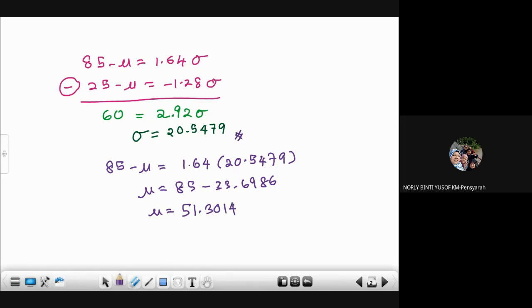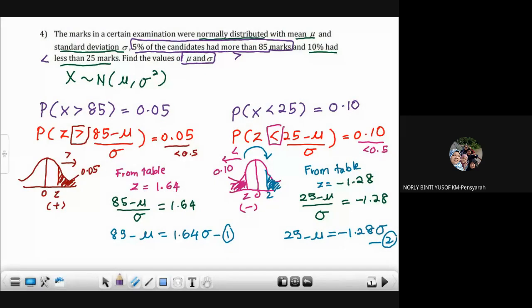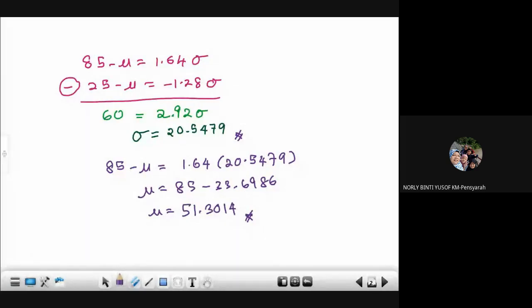Okay, so that is your value for the mean and standard deviation. That is question 1, where you get the Z value from the table by reading the probability. So that is how you solve the simultaneous equations if the equations are given with probability for a discrete distribution, because you need to solve simultaneously to find the mean and standard deviation.